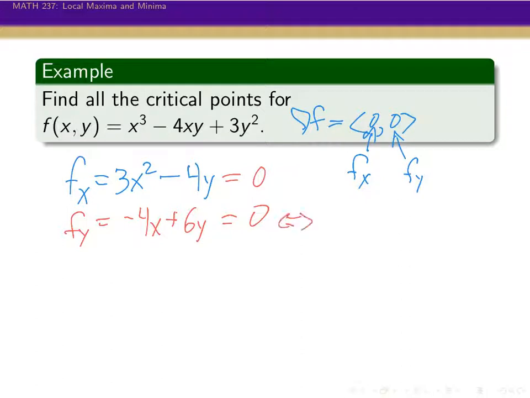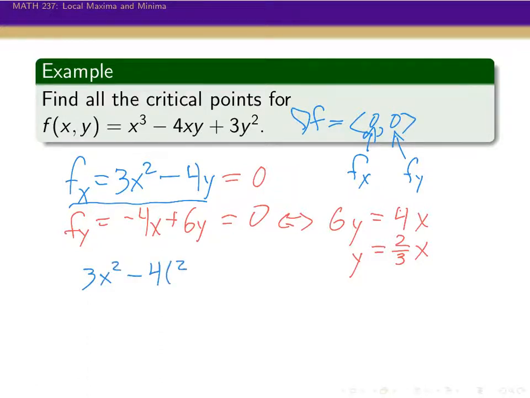So I think it's easiest to deal with the bottom one first. If we set it equal to 0, that's saying that 6y has to equal 4x. So y would have to be 2/3 x. And so if we then plug that back into the partial for x, we're going to get 3x squared minus 4 times 2/3 x is equal to 0.